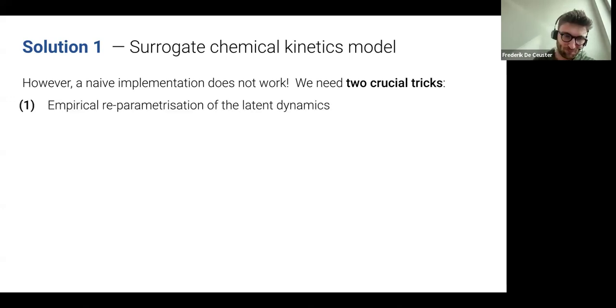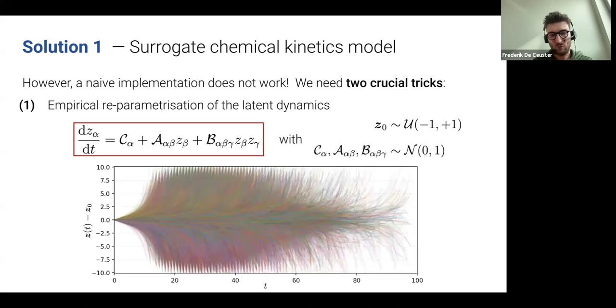The first thing is that we needed an empirical reparameterization of the latent dynamics. That's a whole bunch of fancy words, but what does it exactly mean? The problem is the following.